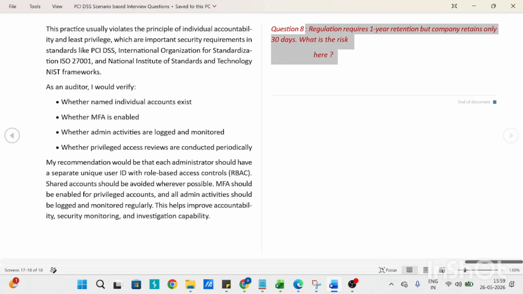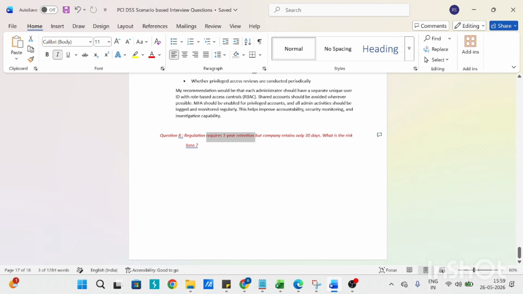Here's question number 8. Regulations require 1 year retention, but the company retains only 30 days. What is the risk here? It is a compliance issue actually, because the retention requirement of 1 year is a legal one, but during the audit it retains only for 30 days.